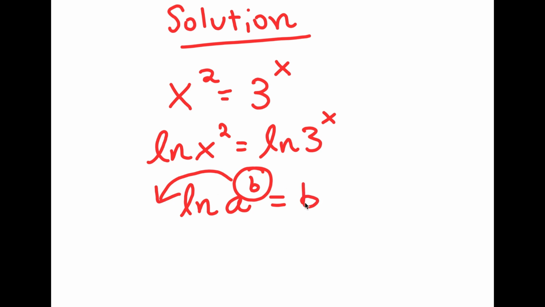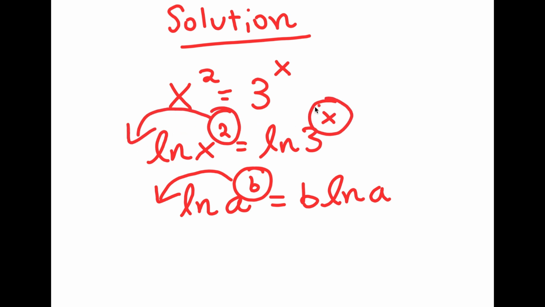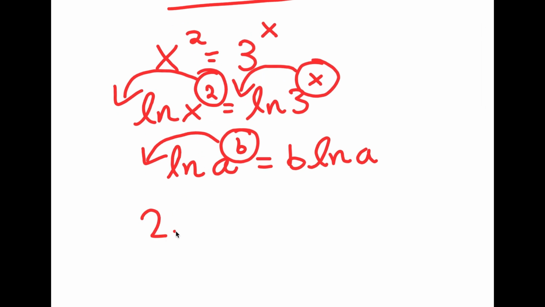So this is going to equal b times ln a. So in this case, I have ln x to the power of 2, I can move 2 to the front. And I have ln 3 to the power of x, so I can move x to the front. So I get 2 times ln x is equal to x times ln 3.